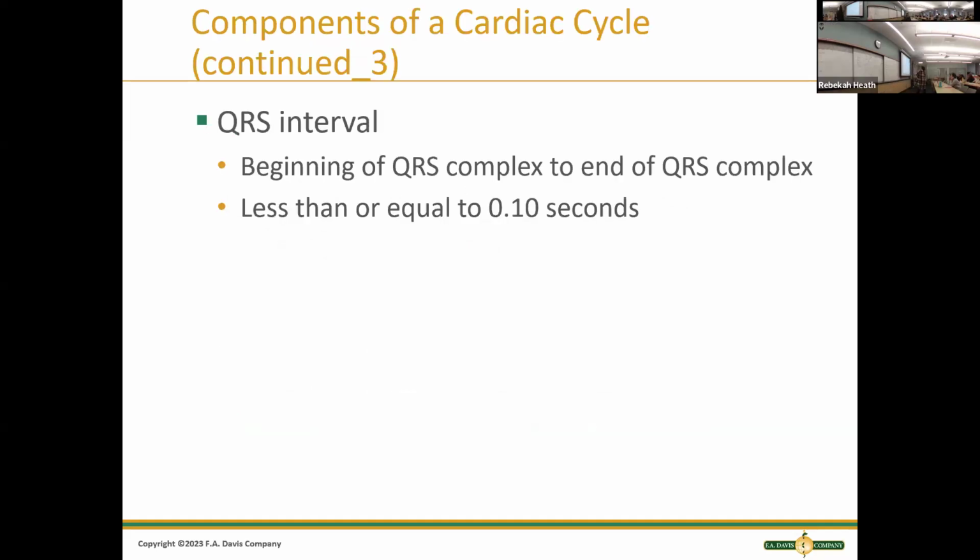And when we, oh, I wrote that wrong on here. Okay, I was wondering about that. So the QRS complex, that's what should be 0.10 or less seconds. The QRS interval, now we're looking at intervals, we're looking at how long it takes from when we start one QRS, when we depolarize the ventricles, to when it happens again.